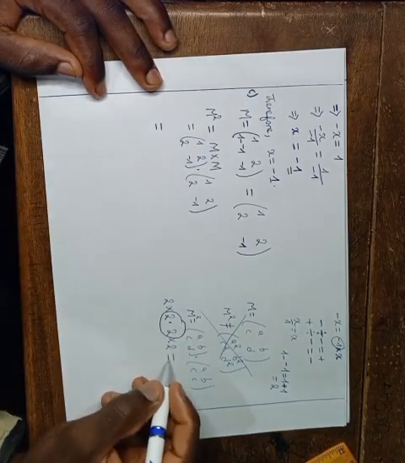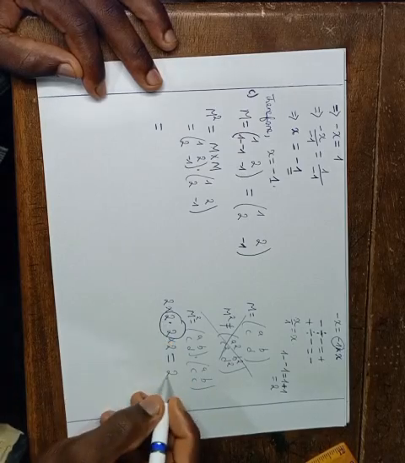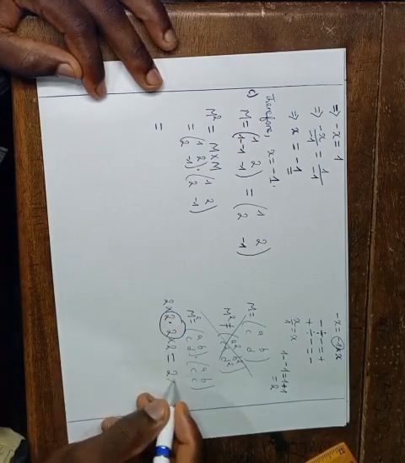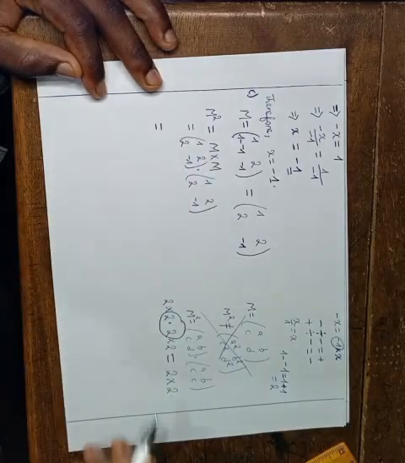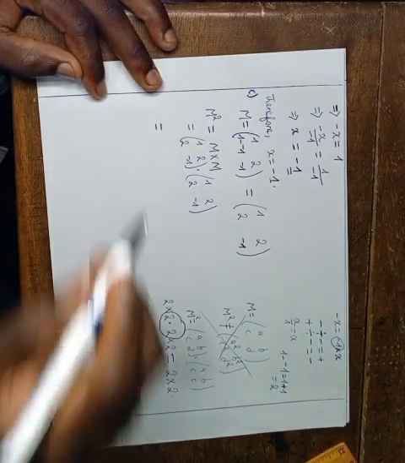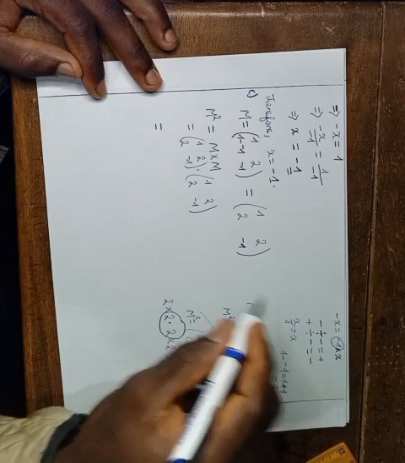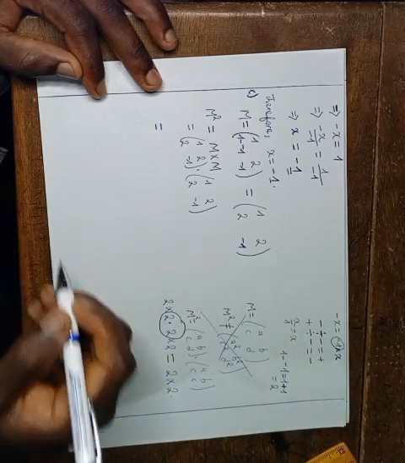So the matrix M squared will be 2 by 2. It has 2 rows, 2 columns.